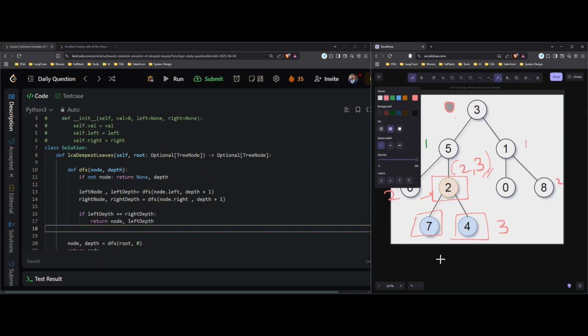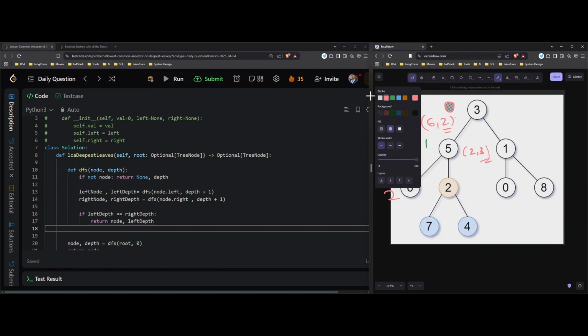Okay, now coming to the else conditions. For example, if that's not the case, we have seen that in this 5 it was returning 2 comma 3, right? But what this 6 was returning, it was returning only the value 6 comma 2, right? So these depths were not matching.